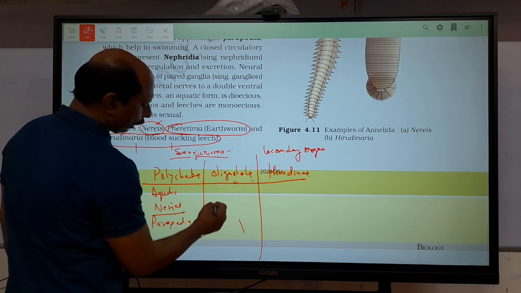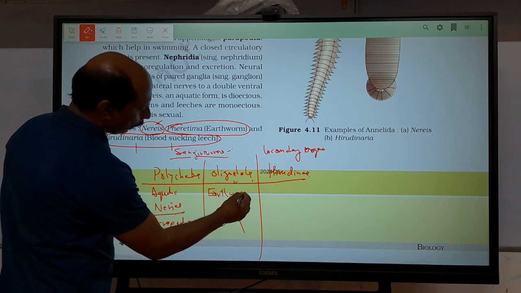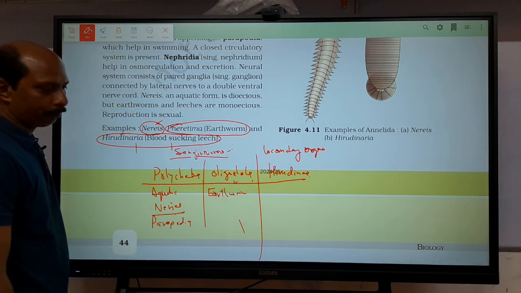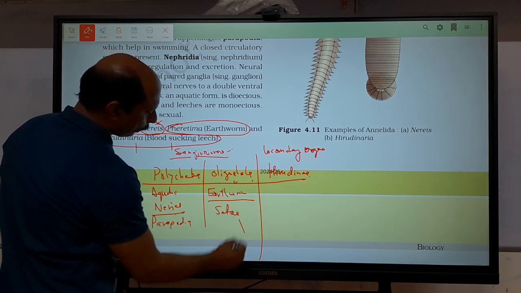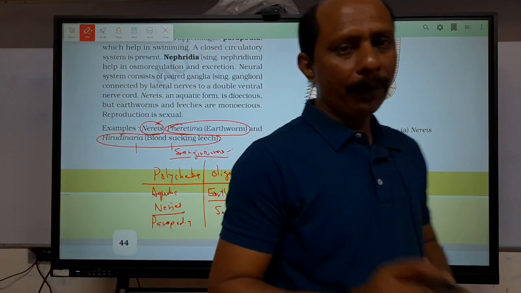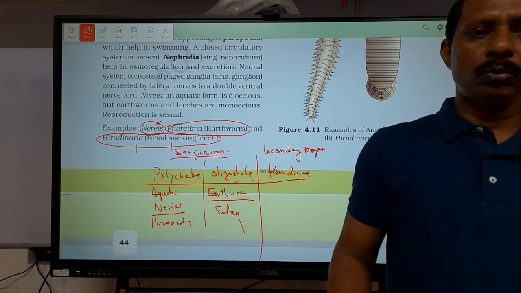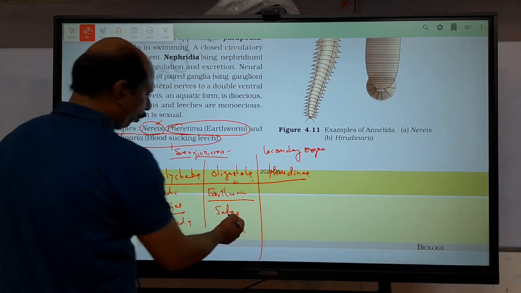When we consider Oligochaeta, we have earthworm, as for example Pheretima posthuma. So what is the locomotory organ? Here setae. Paired setae are present in all the segments. Setae, locomotory organ is setae.